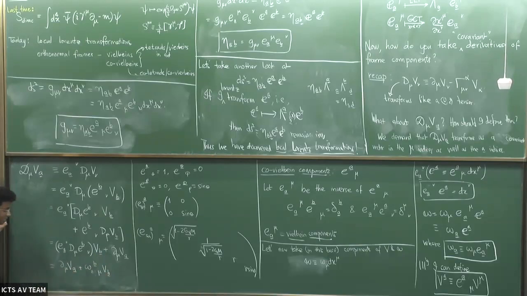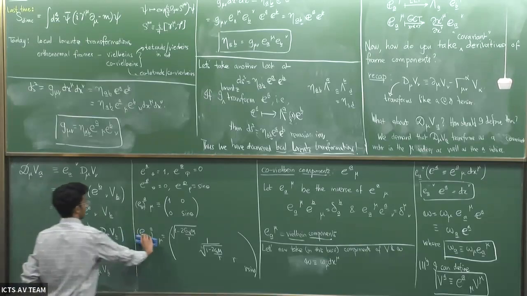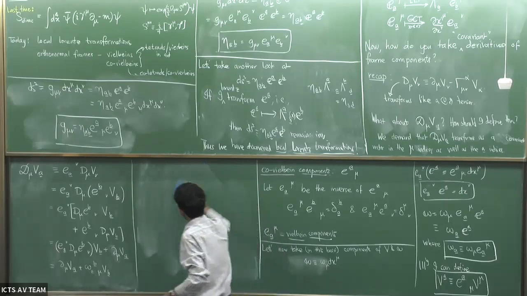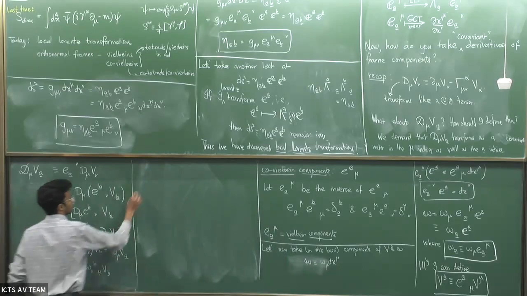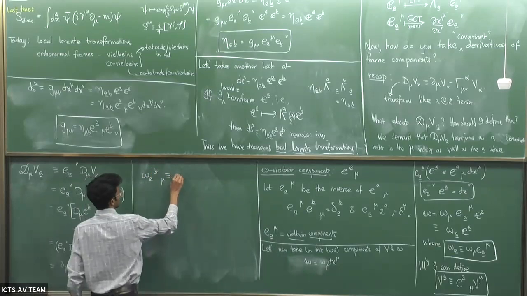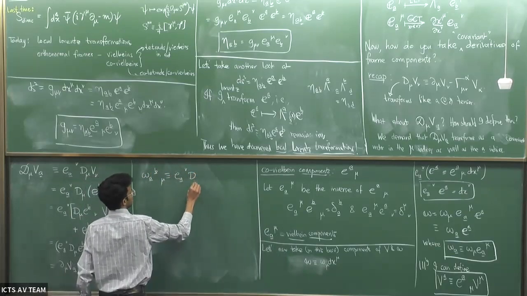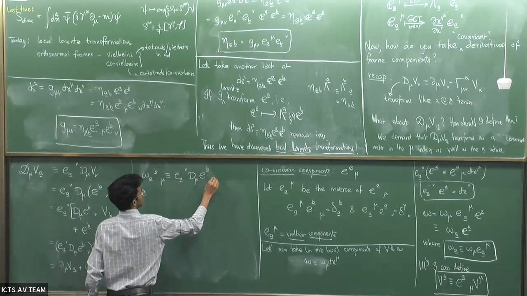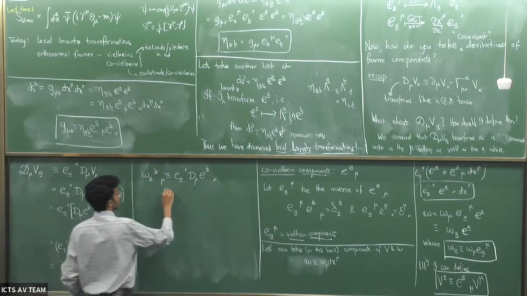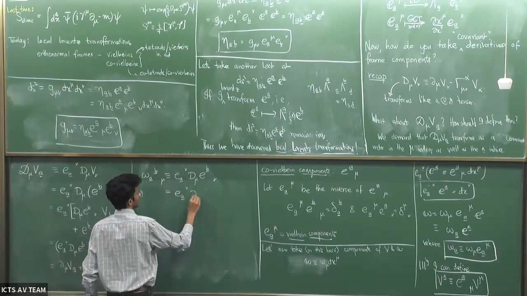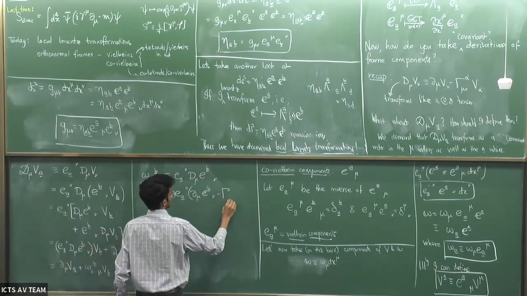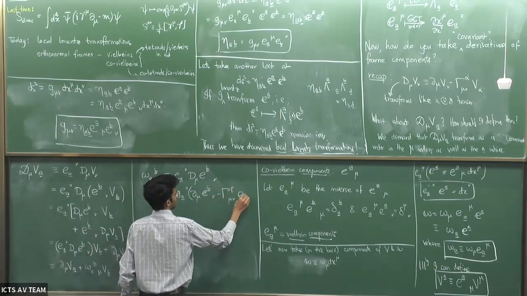So now this looks like what? Omega A B mu is E A nu d mu E B. More explicitly, E A nu del mu E B nu minus gamma mu nu rho E rho.